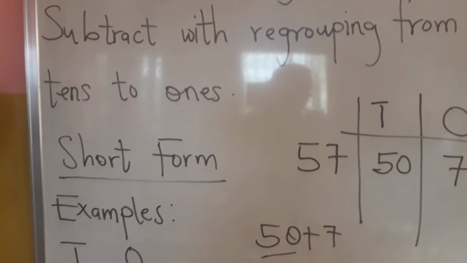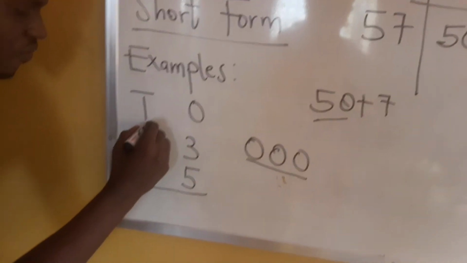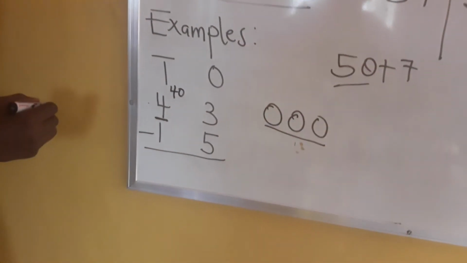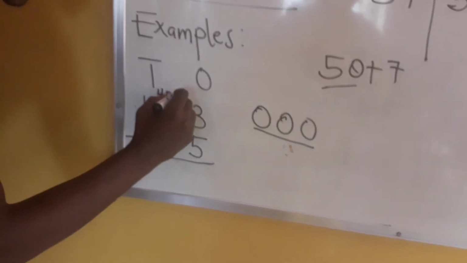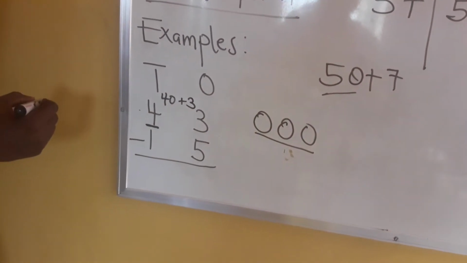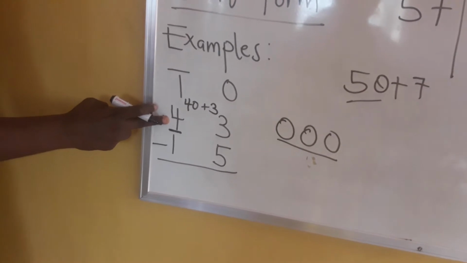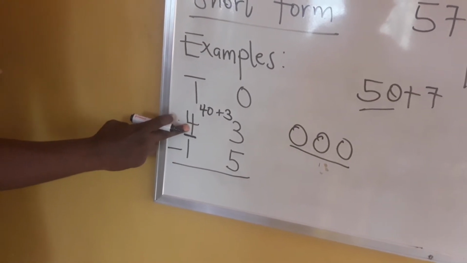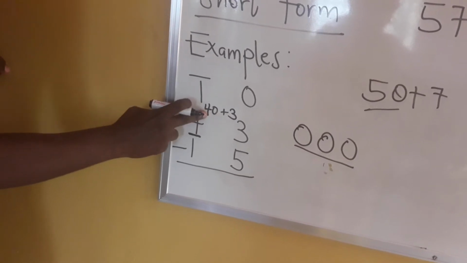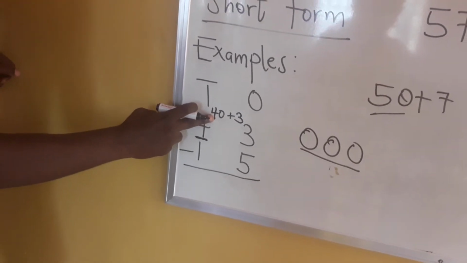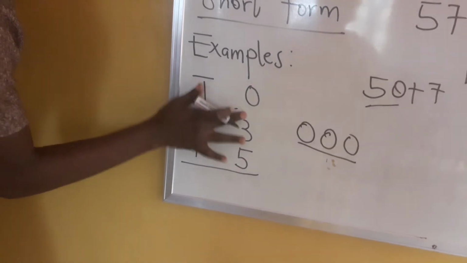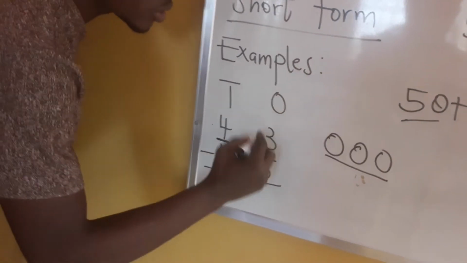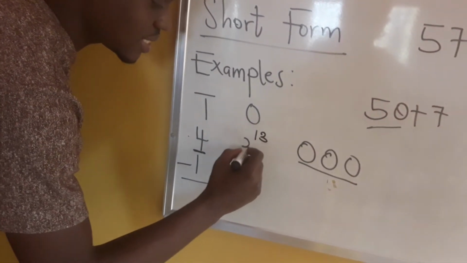So in this case, this 4 here is 40. 43 is 40 plus 3. If you want to borrow 1 from here, you are borrowing 10. So 10 plus 3 is 13.